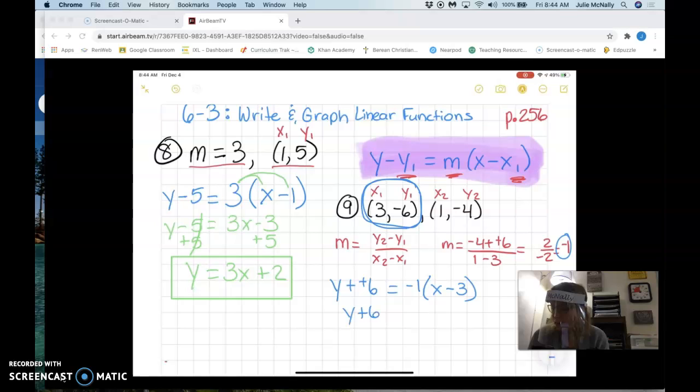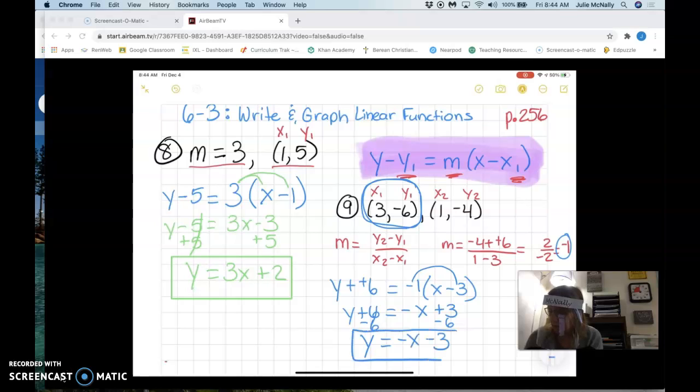Y plus 6 equals negative x. This is going to turn it to a positive 3. And then just get that 6 to the other side so it's in your y equals mx plus b format. Y equals negative x minus 3. And that's it.